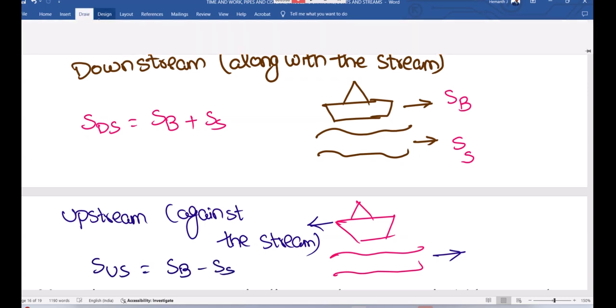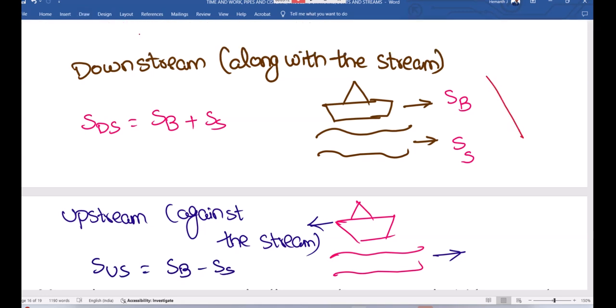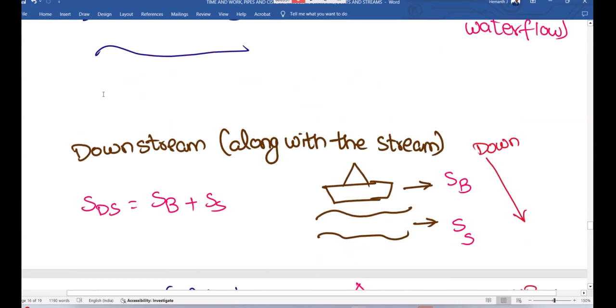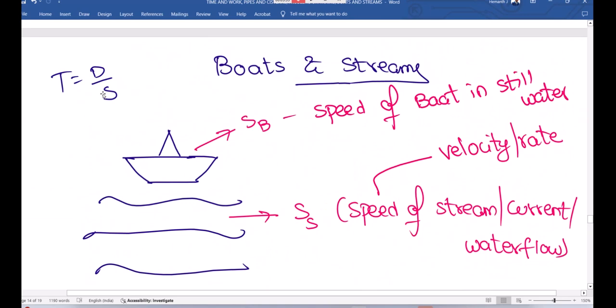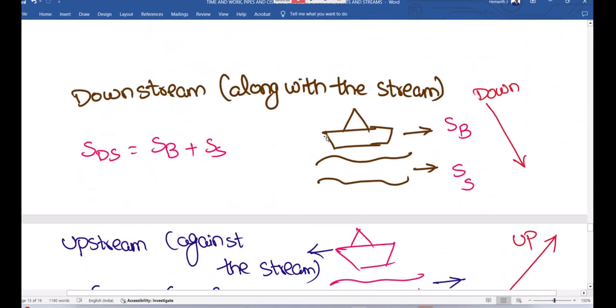Always, downstream, you are traveling down, your speed is more. Upstream, you are traveling up, your speed will be less. Down speed more, that's why addition. Up speed less, subtraction. If you know this, then any question on boats and streams can be solved. The only thing required is the terminology, and what downstream and upstream are.